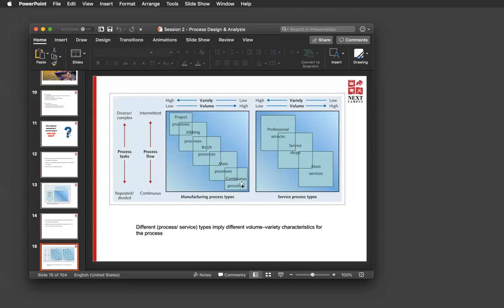So if you look at the left side, you can see there's something called the process flow. Process flow in a continuous process is always continuous. That is why it becomes a natural candidate for automation. A process flow in a project process is intermittent. There's no continuity in the process.